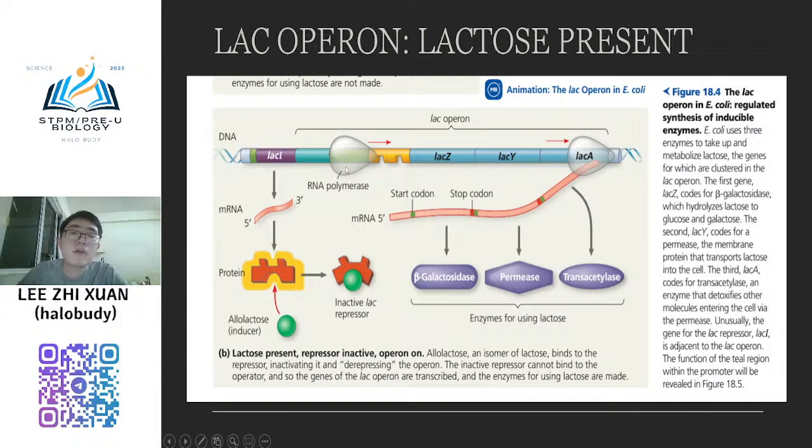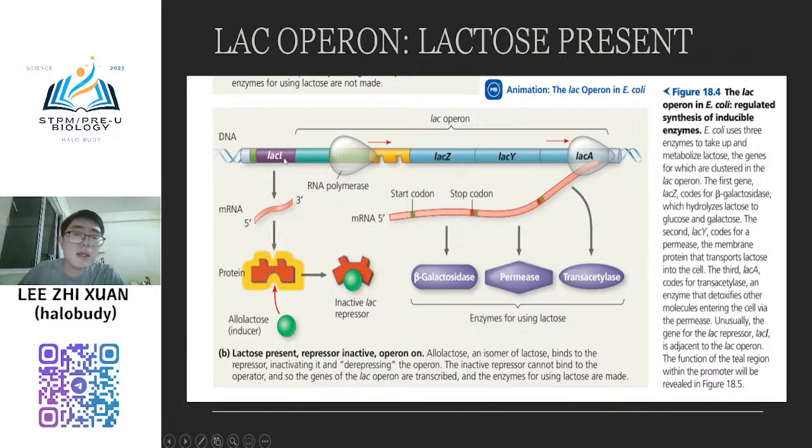Our RNA polymerase can bind to the promoter, so transcription will occur, producing mRNA, and then translation occurs, producing the three enzymes. These three enzymes will then be used for lactose metabolism.